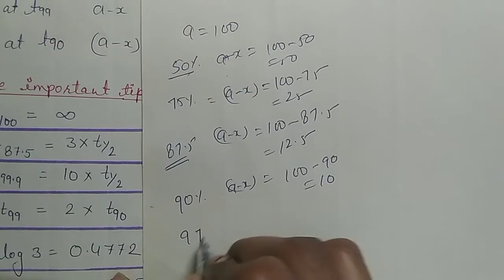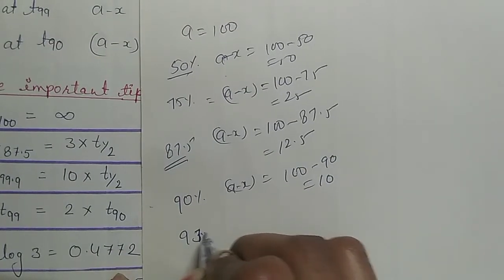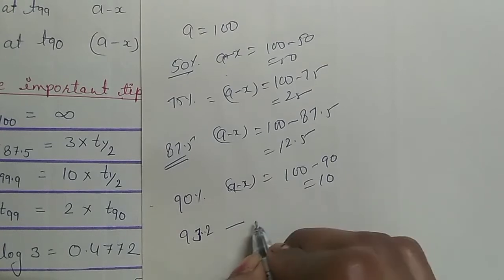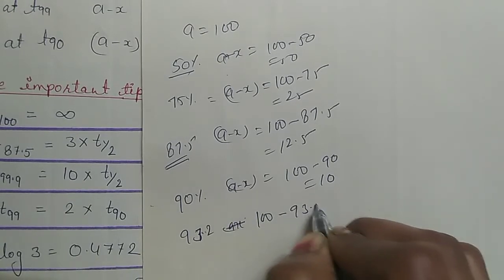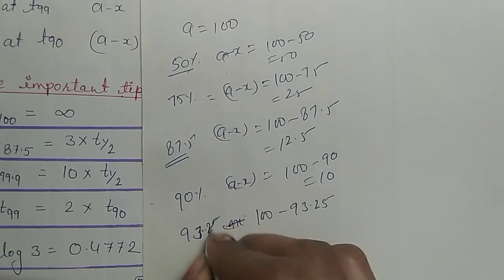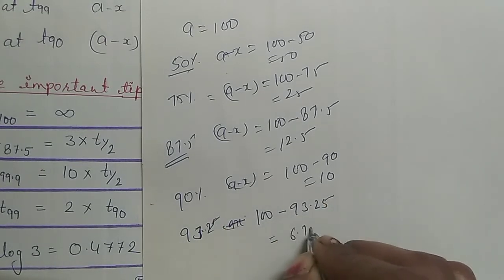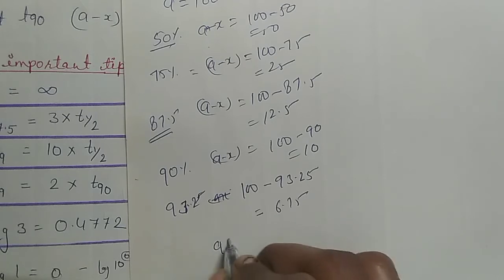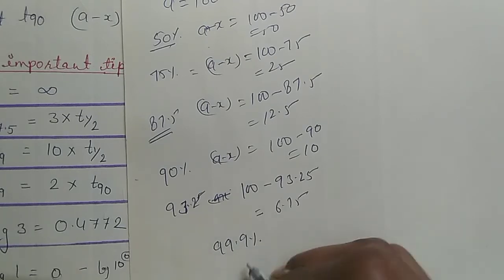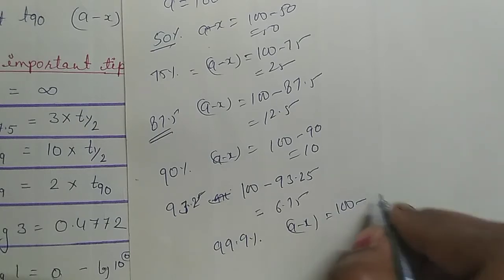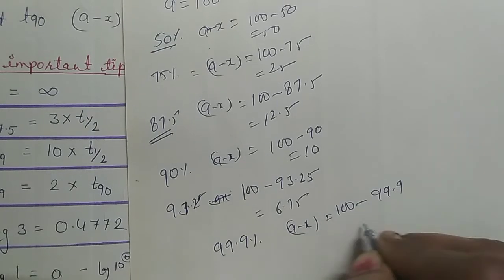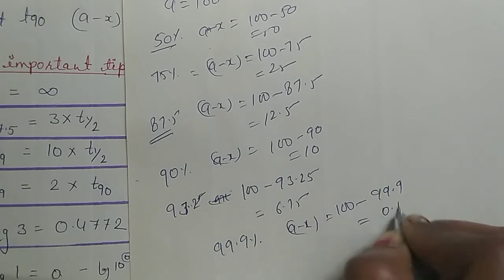If 93.25% reaction is complete, then A minus X will be equal to 100 minus 93.25, which is 6.75. If 99.9% reaction is completed, then A minus X will be 100 minus 99.9, which is 0.1.